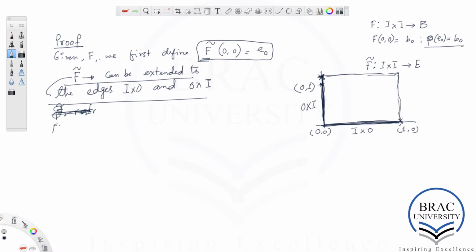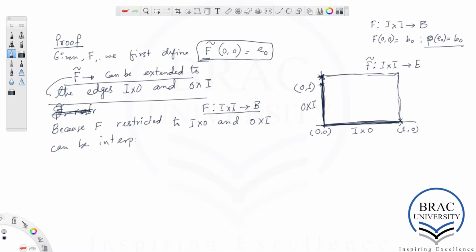It's because, let me write it, f restricted, so we know what f is. f is the continuous map from I cross I to the base topological space B, and if f is restricted to these two edges, the bottom edge I cross 0 and the left hand edge 0 cross I, then f can be interpreted as paths in B beginning at f of (0, 0), which is B sub 0.